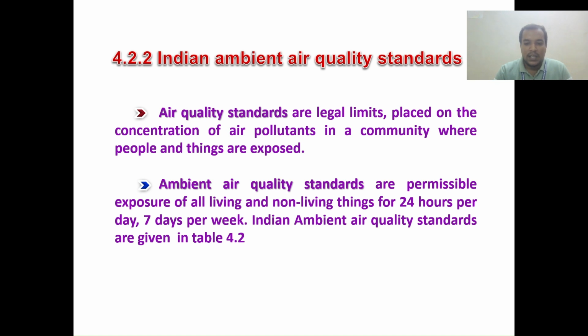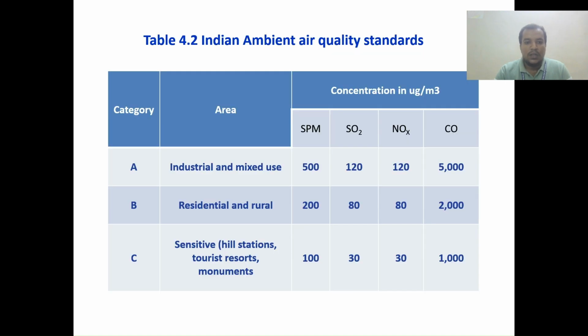Indian ambient air quality standards are given in the table below. For industrial or mixed uses, the level is 500, and carbon monoxide is 5000; for residential and rural areas it is 2000; and sensitive places like tourist places and hill stations are allowed only 1000.